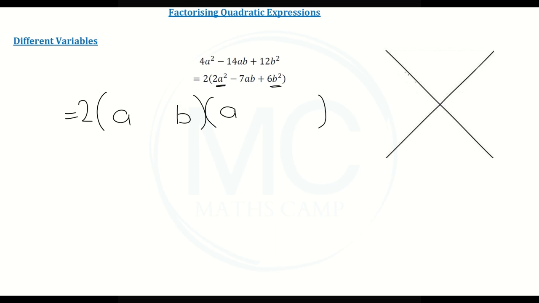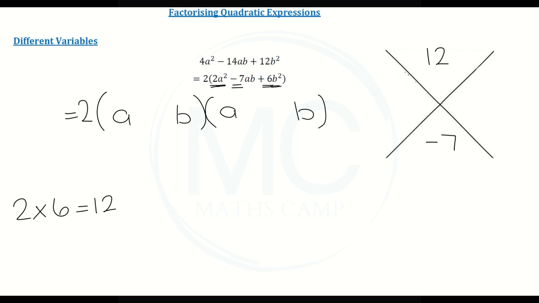Put b over here and b over here. Now let's find the coefficients. The coefficient of the first term is 2 and the last term is 6. So we can say 2 multiplied by 6, which gives us 12. We can put 12 over here. The coefficient of the middle term is negative 7. We can write that in over here.